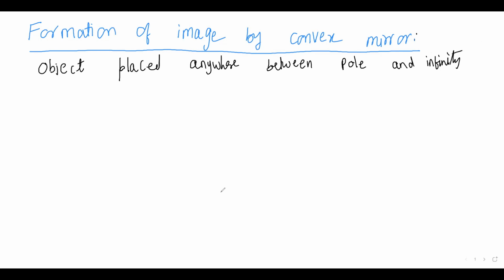Wherever the object is placed, you will get one type of image. Unlike in a concave mirror, as you change the position of the object, we were getting different types of images. Some are virtual erect, some are real inverted, some are diminished, some are enlarged. But in case of a convex mirror, wherever the object may be, you will get one type of image.